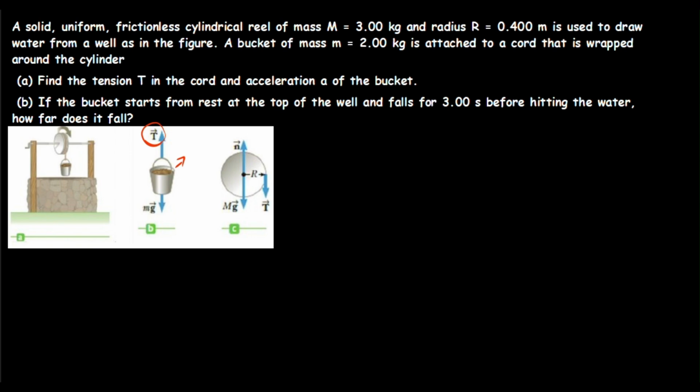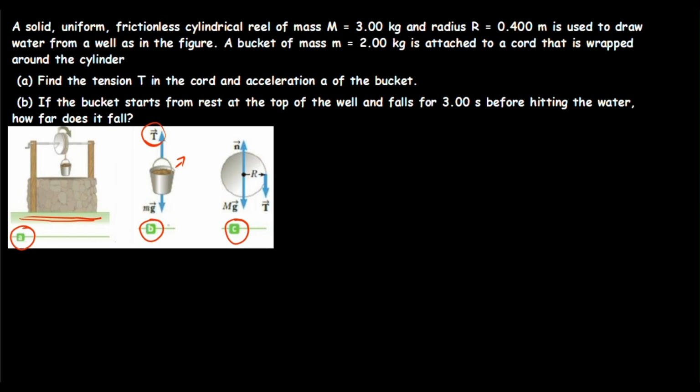Now, for us to deal with this type of question, what are we supposed to do? Let's look at the things that you have been given. We have A here, then B here, and C here. A is just showing us how we're getting the water from the well.